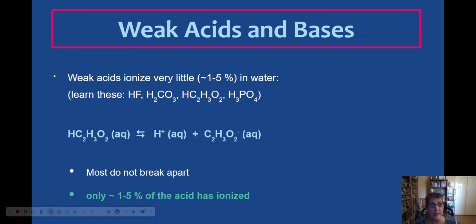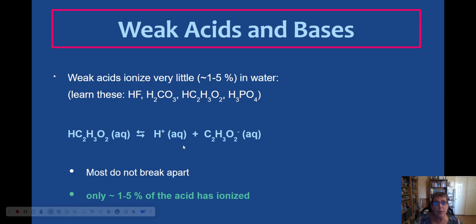There's a carbon in there, so carbonic acid. HC2H3O2. That looks like a monster molecule, but it's not that bad. If you look at your polyatomic ions, for a lot of these, you can put H's with them and they make acids. That's just acetate with an H, and acetate with an H is called acetic acid. And then H3PO4 has a phosphorus in it, so it's called phosphoric acid. So those are your 4 weak acids.